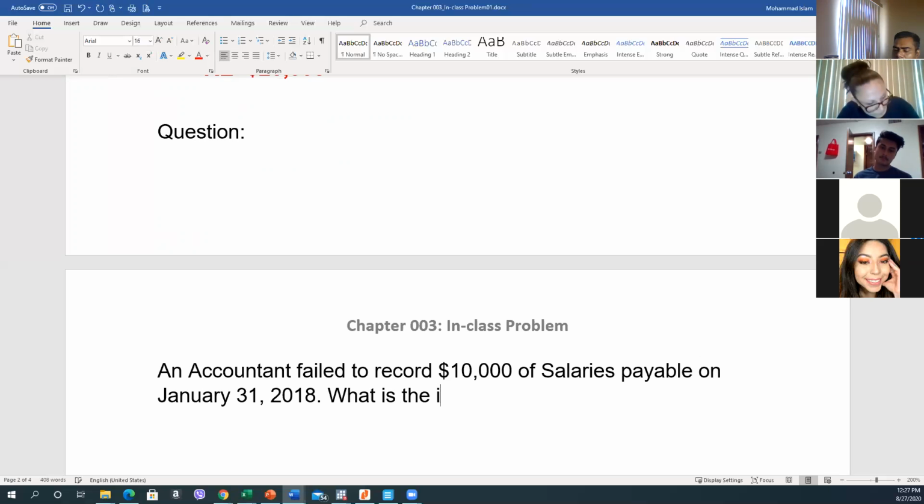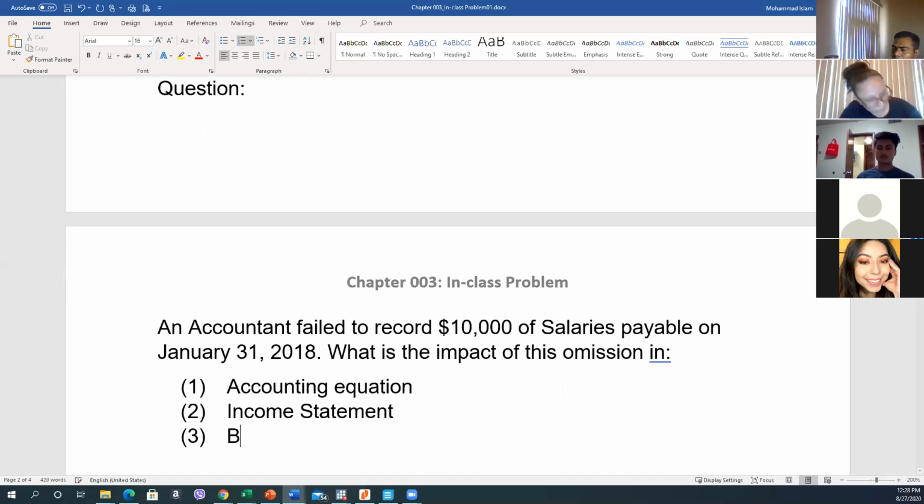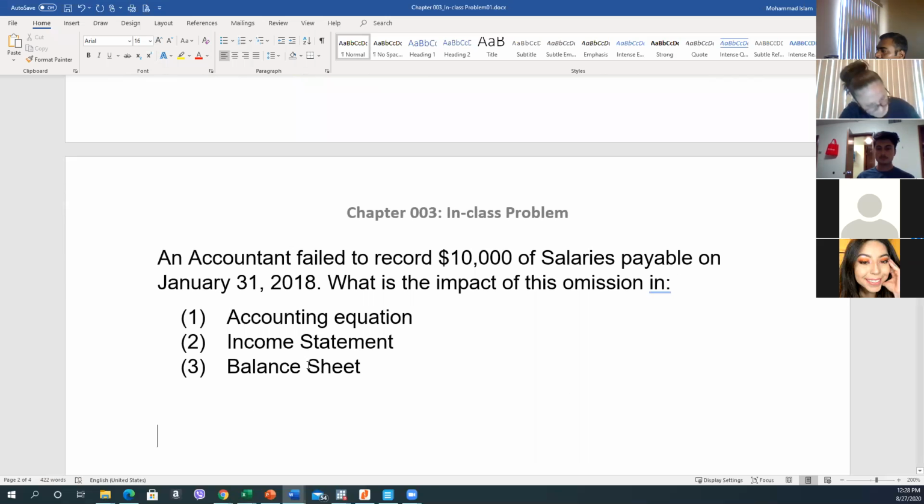What is the impact of this omission on the accounting equation, income statement, and balance sheet? Okay, let's discuss this one.